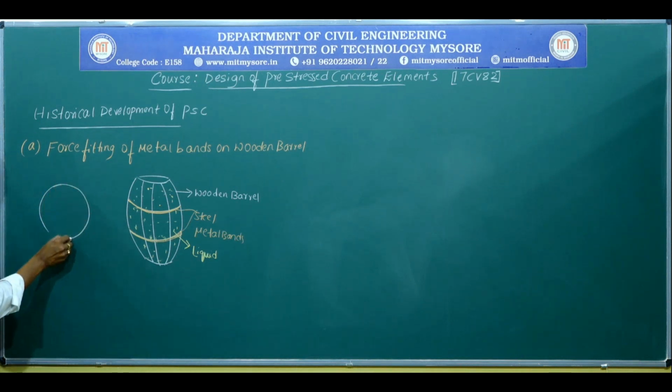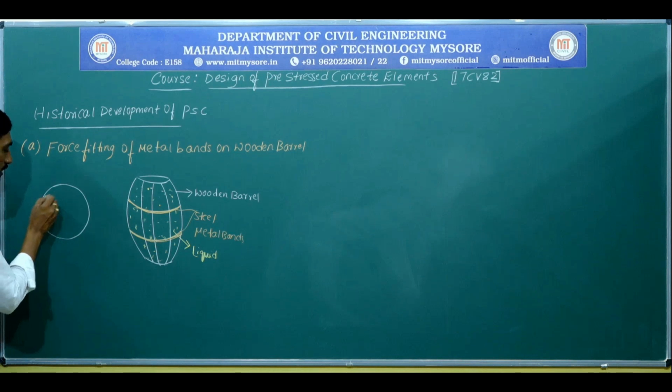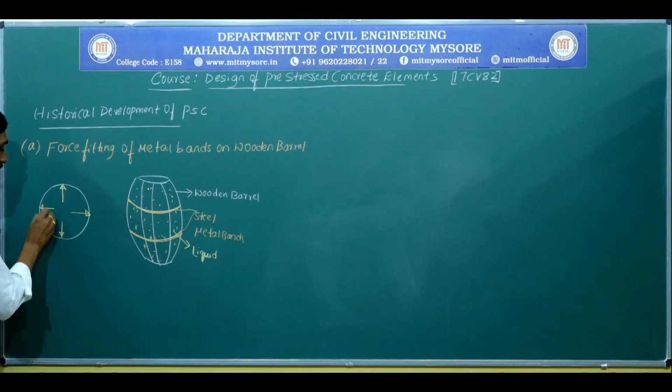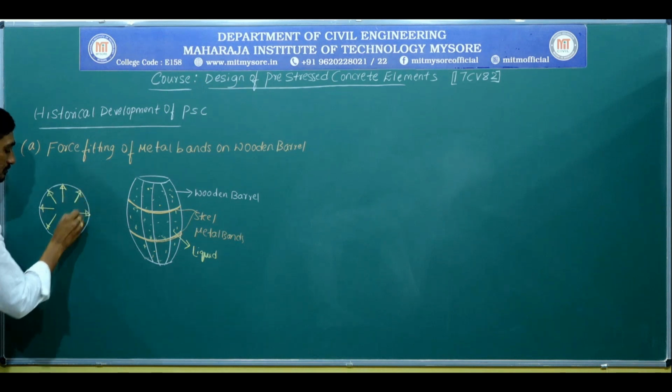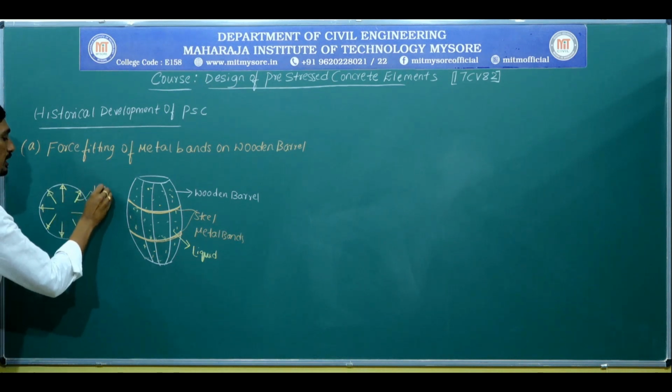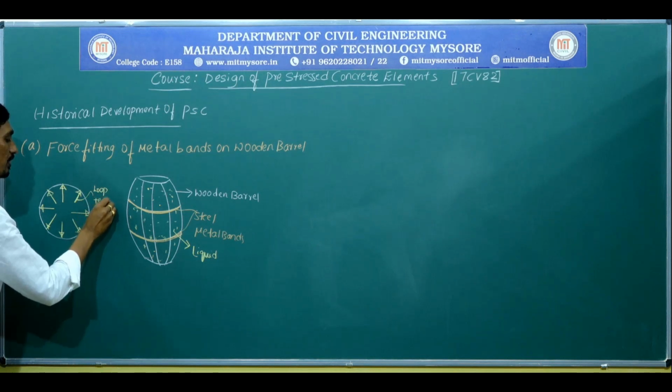So this is the top view of the wooden barrel, and in this top view, the liquid will try to create a hoop tension. So this is the hoop tension from the liquid.